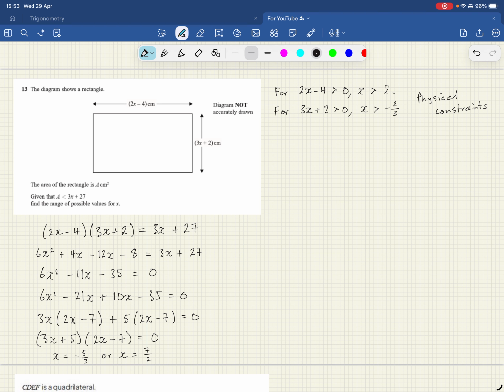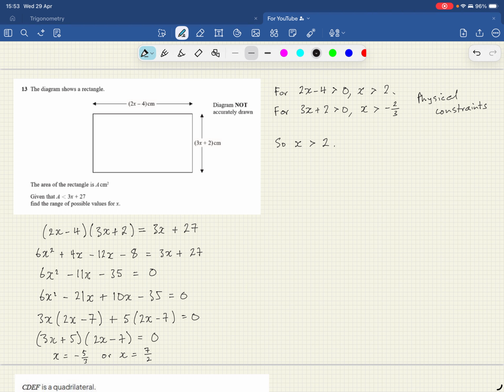So x greater than minus 2/3 does not satisfy x greater than 2, but x greater than 2 does satisfy x greater than minus 2/3. So I need the one that is the most restrictive, that satisfies both. So x is greater than 2. This is a physical constraint.